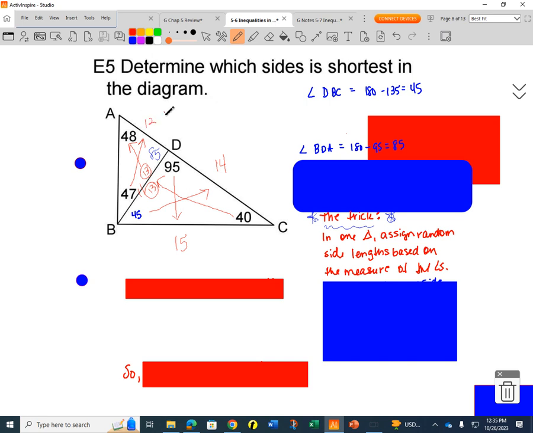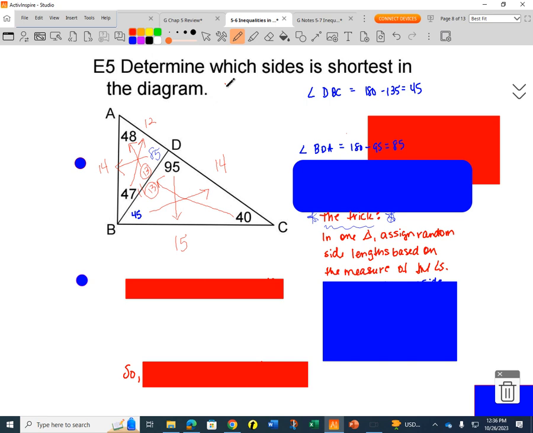And now I've got one more angle to assign a value to, and this angle is the biggest angle in this triangle. So the smallest is 12, the middle is 13, so I'm going to go up one and make AB 14. These are not the measures of these sides, right? These are just how we're comparing them. So now we don't know how long AD is, but we know it's the shortest one.